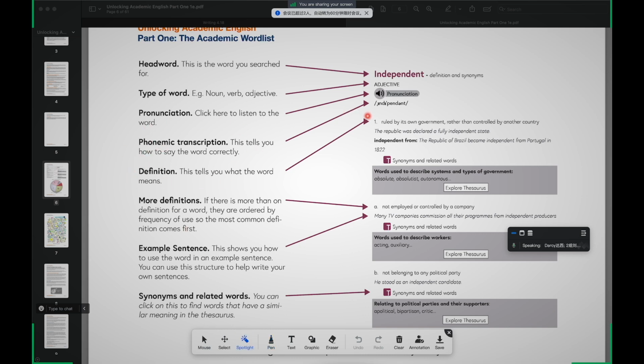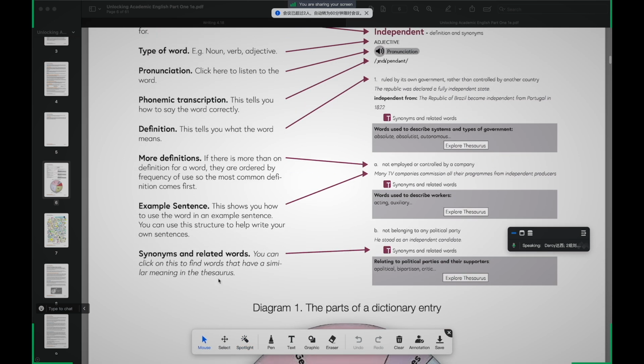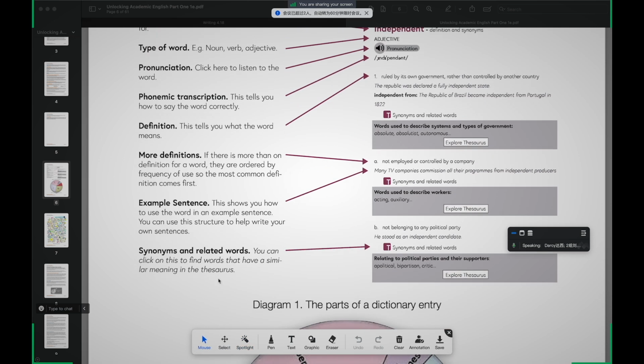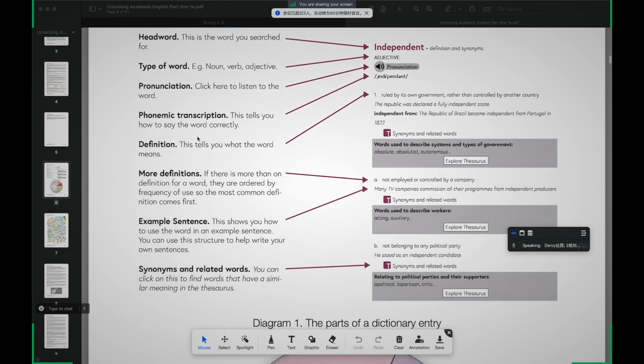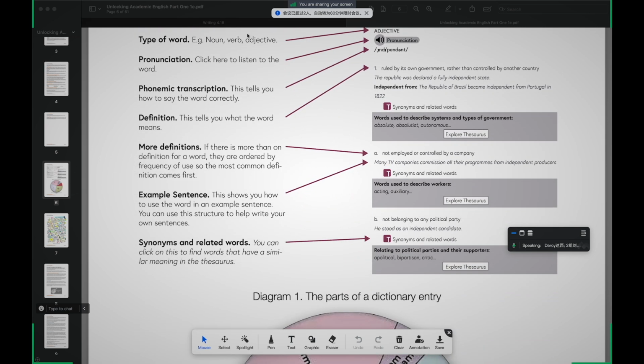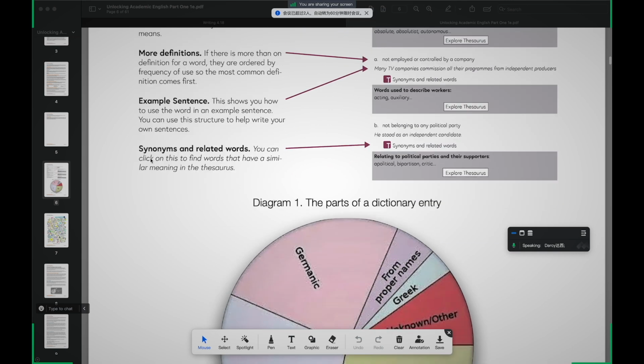Then they give you definition one, and there may be more definitions, synonyms, and the word origin. Again, the Oxford Dictionary is really great because, well, there's nothing else better than it for Mac, I think. So yeah, study the terms carefully and understand how they have evolved over time.